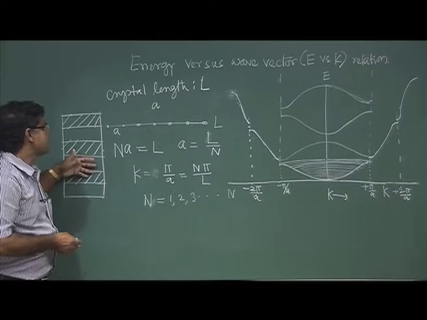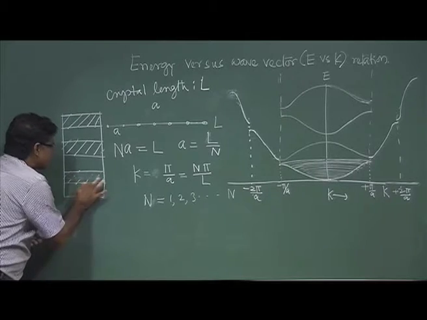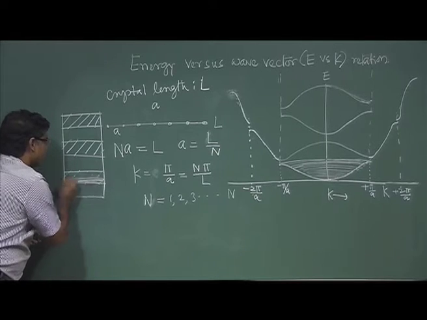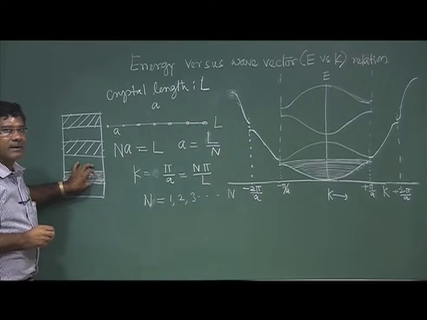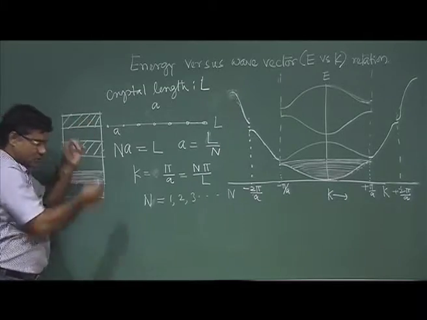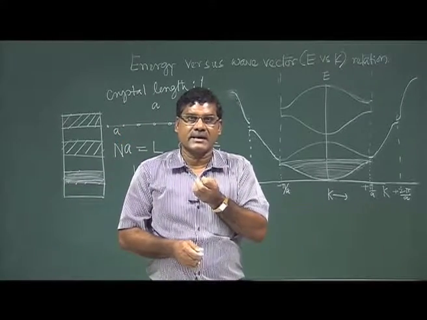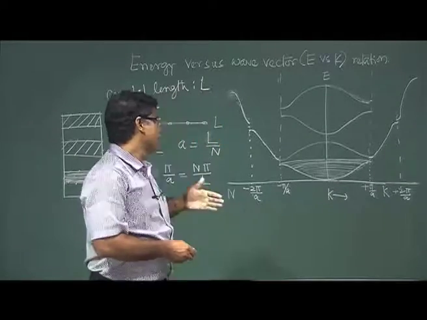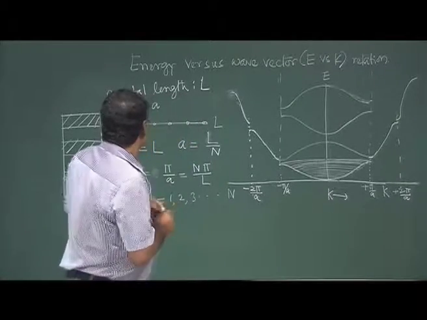Now, when we consider the finite size of the crystal, then it is not continuous, it will have n number of energy levels in this band, n number of states, n number of wave functions. So each band will contain a number of energy states or wave functions or k values equal to the number of unit cells in that crystal. So this is very important.